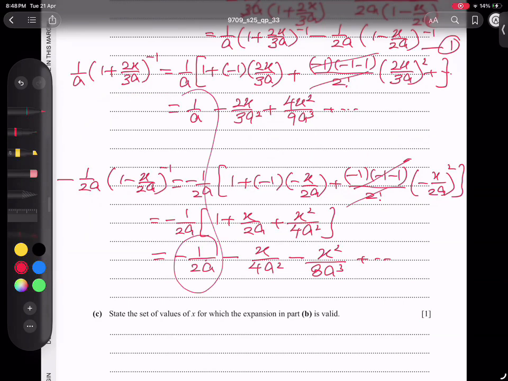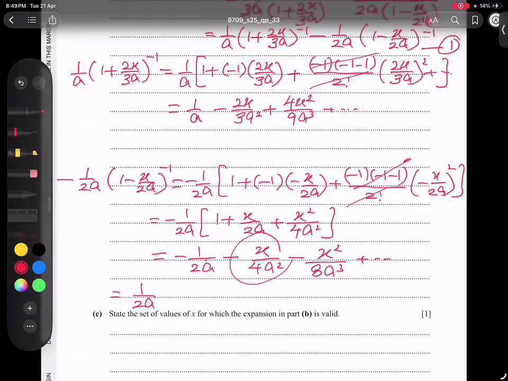Basically, this and this when I add, you can just type like this: 1 from there and negative half from there, a down. Or you can do it directly, no problem at all. So it becomes 1 by 2a.